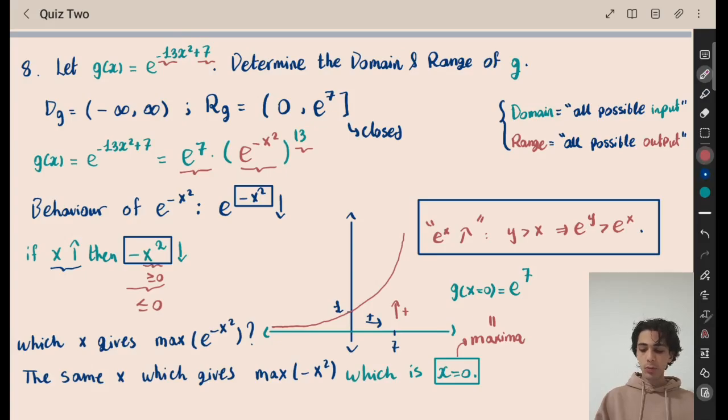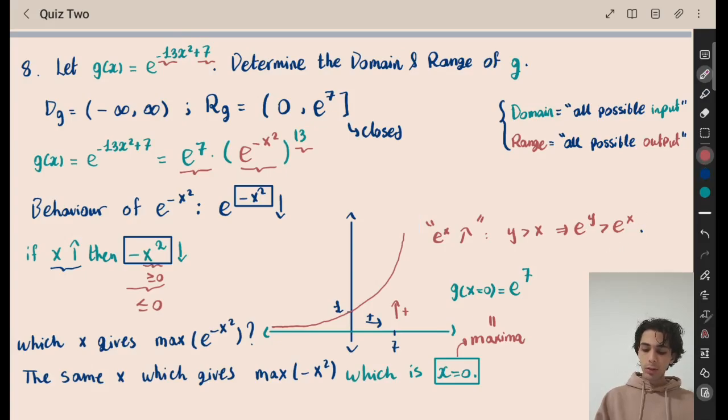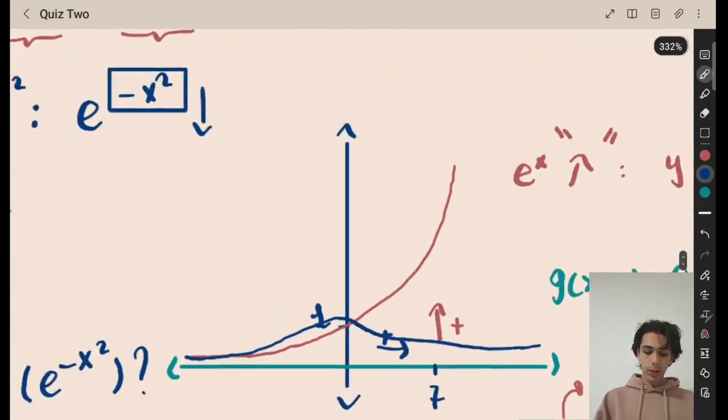And if you would like me to roughly draw the graph for e to the minus x squared, it actually has a nice graph, which I believe looks like a bell. And it decays very fast.